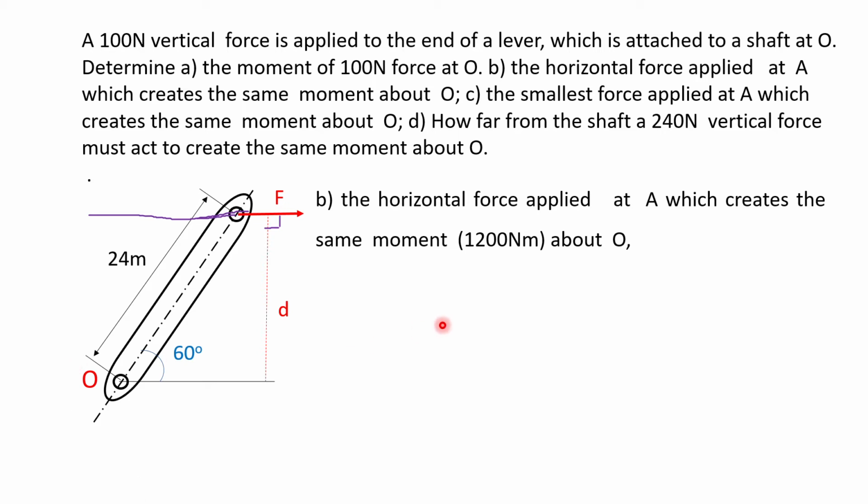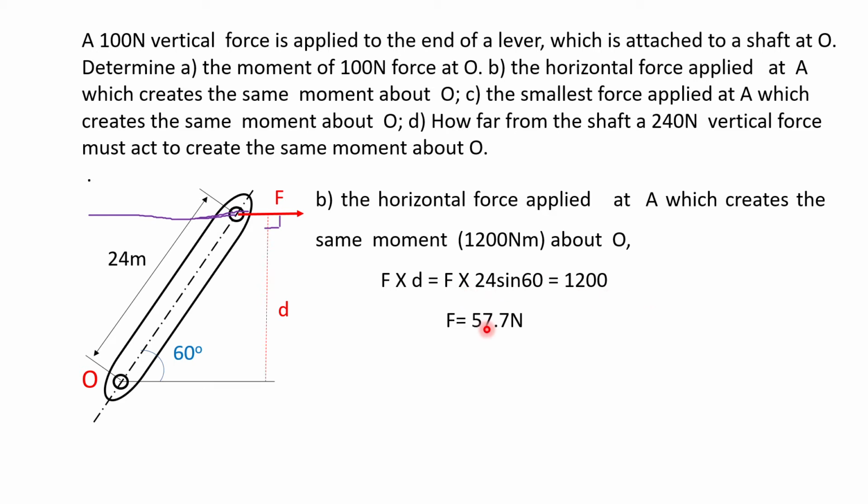If we write this value of d in terms of this diagonal 24 meter and the angle 60 degree, we get it as 24 sin 60, and the force multiplied by the distance, where the value of F is the only unknown in our equation.